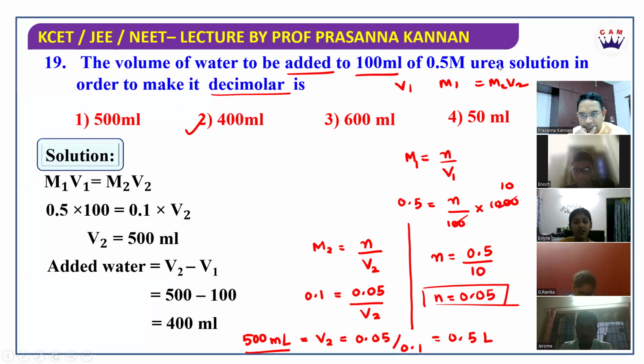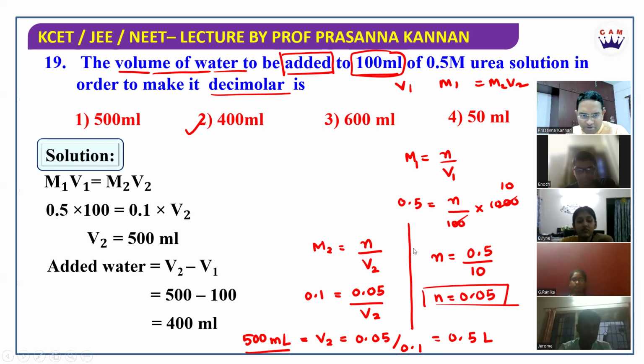Sir, can you explain how it is 400 ml? Evelyn, the final volume of the solution must be 500 ml, right? Yes, sir. Correct, for it to become decimolar. So what is the question asked? The volume of water that needs to be added to the 100 ml is asked. So already 100 ml is there. You're going to dilute it more, right? Yes, sir.